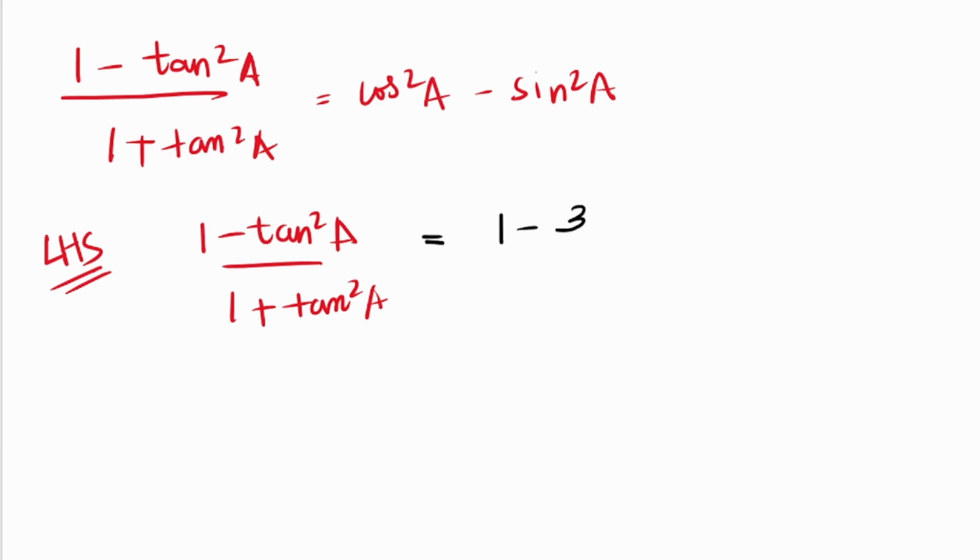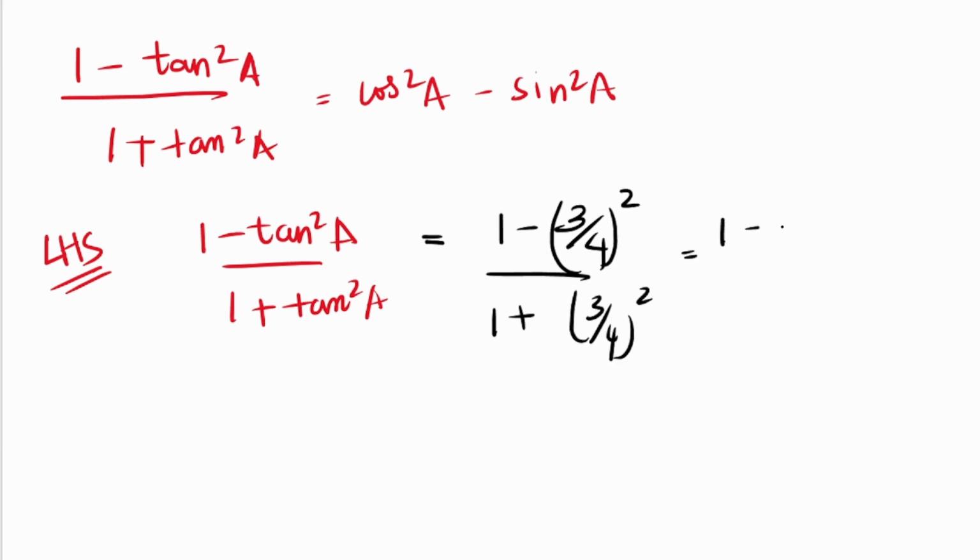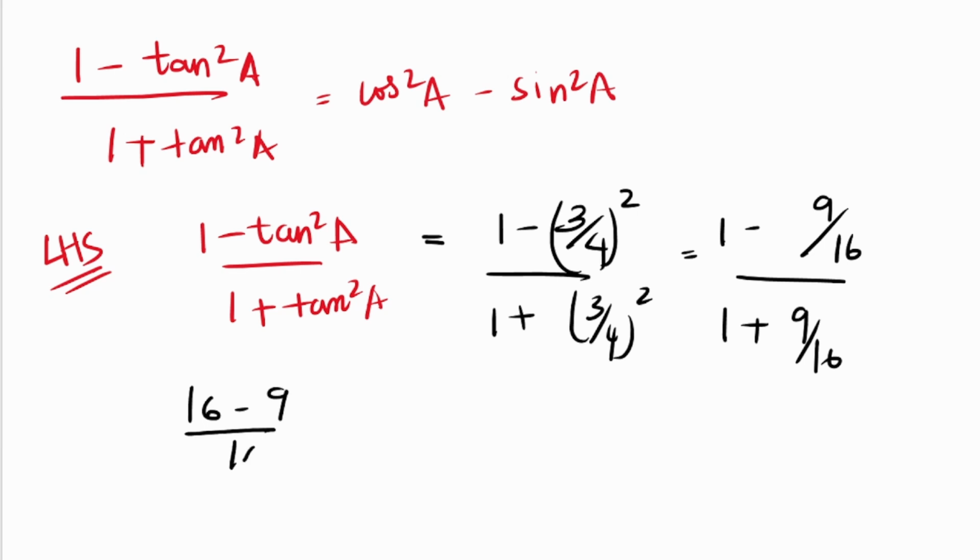So it's 1 minus 3 by 4 whole square divided by 1 plus 3 by 4 whole square. 3 square is 9, 4 square is 16, so 1 minus 9 by 16 divided by 1 plus 9 by 16. When you take the LCM, 16 minus 9 divided by 16 whole divided by 16 plus 9 divided by 16.